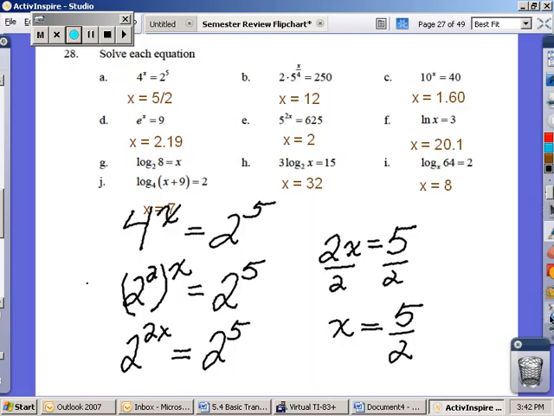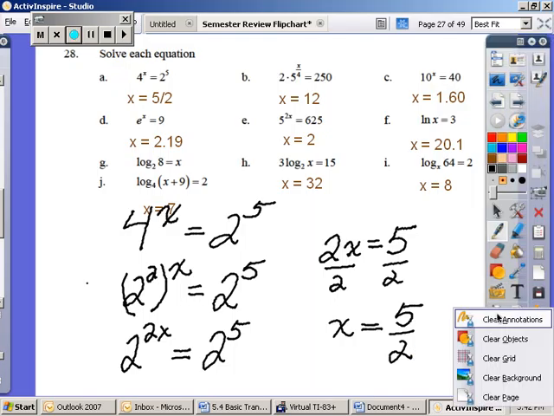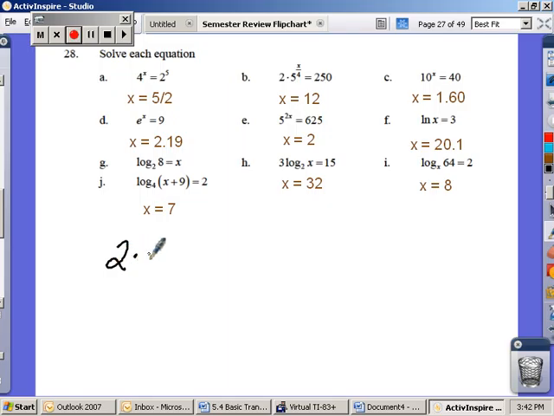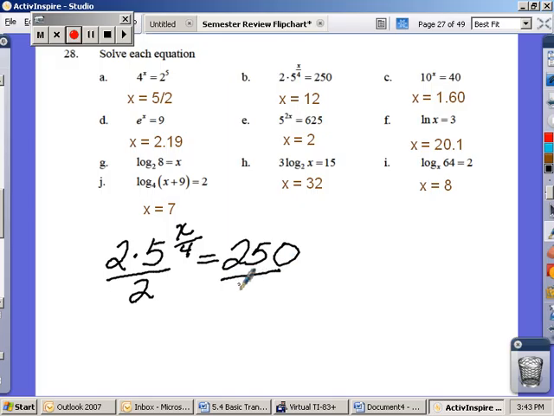Okay, let's go to problem number 2. Problem number 2 says 2 times 5 to the x over 4 equals 250. Since the base 5 is being multiplied by 2, I first must divide by 2 to get rid of the multiplication.